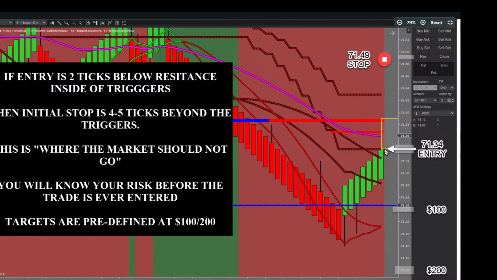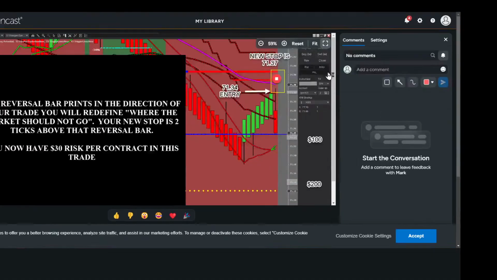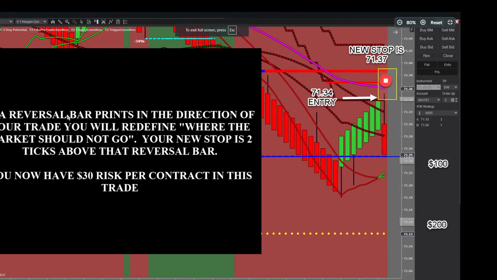So if this is my entry, this is my stop, my targets are predetermined at 100 and 200. Remember, we're learning how to get paid. If I don't get stopped out, if a reversal bar prints in the direction of my trade, it redefines where the market should not go. Your new stop is 2 ticks above that reversal bar. So now you have $30 worth of risk.